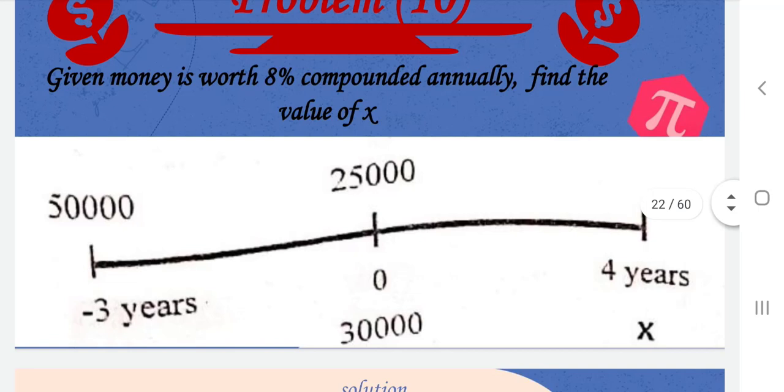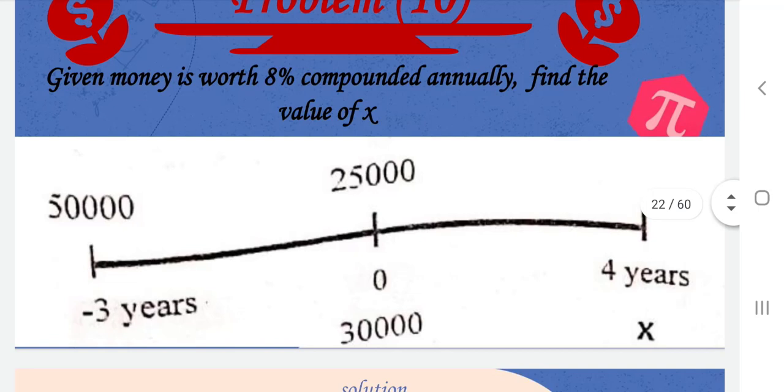J equal 8% and compounded annually, so I will be equal 8%. M will be equal 1. N for $50,000 will be equal the time, 3 plus 4 equals 7 years, so N equals 7.